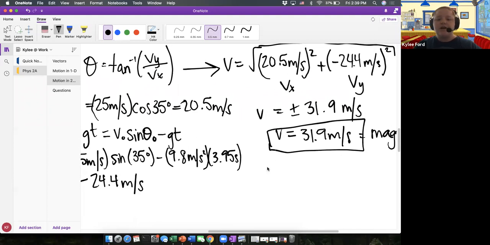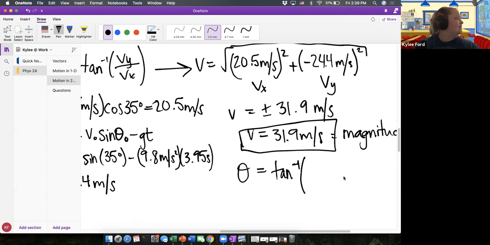Now we want to know our direction. So we are going to use theta equals tan inverse of Vy, which is negative 24.4 meters per second, over Vx, 20.5 meters per second.